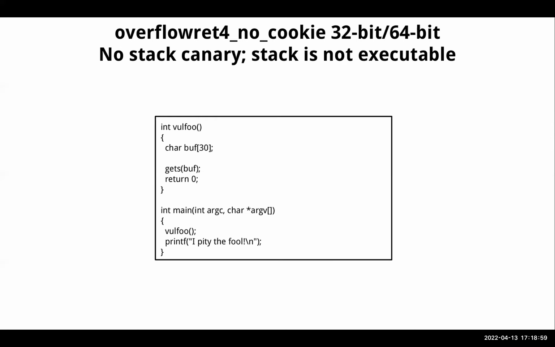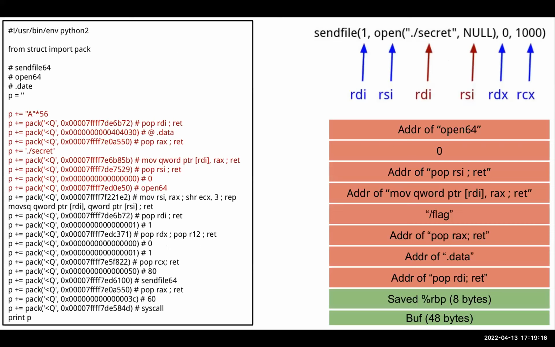But if we put shellcode there, it will not be executable, so that approach will not work. What we are going to do is use gets to overwrite the stack with the ROP chain, not the shellcode. This is the template I will give you, and you need to make this work.